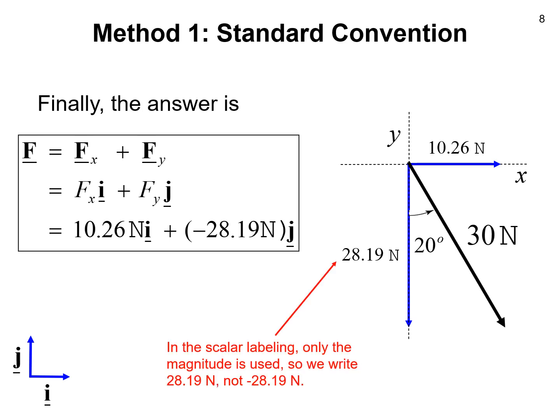And so I'm going to write 28.19 to illustrate the length of that blue vector. And since the blue vector is already pointing negative, I don't double negate it because otherwise I'd have it pointing upward. So I'm going to write 28.19 and the vector points downward, so the total understood effect is negative 28.19 j.